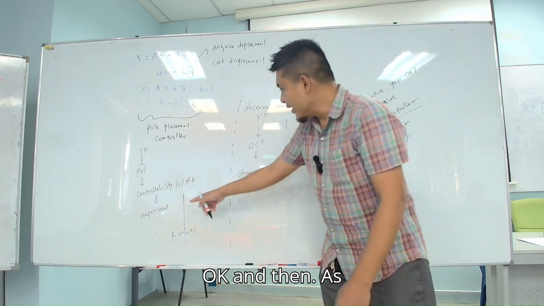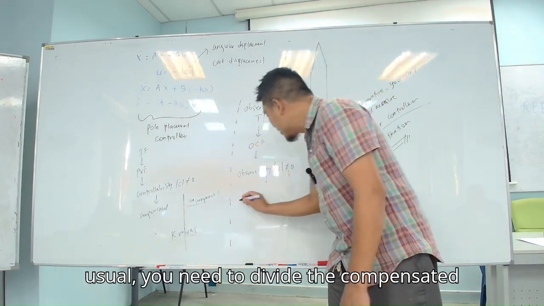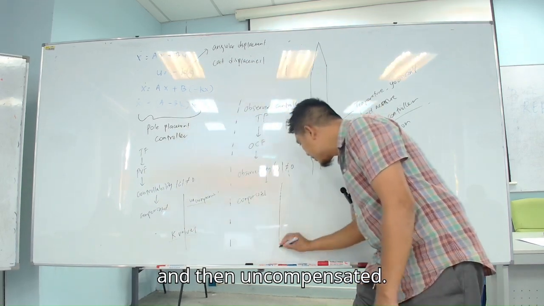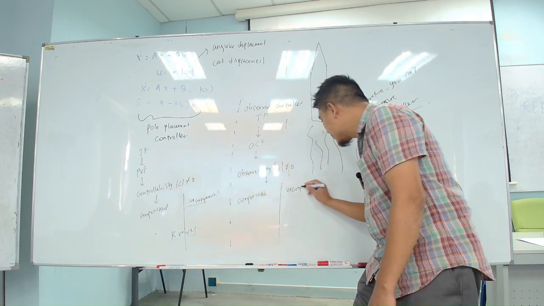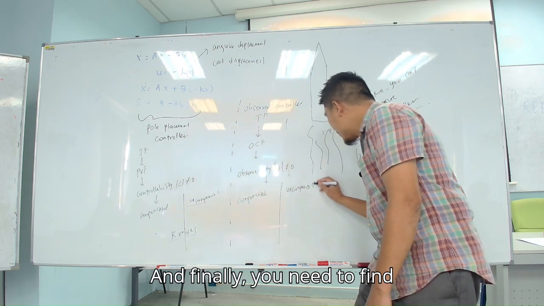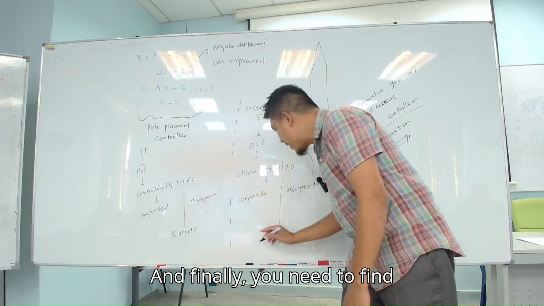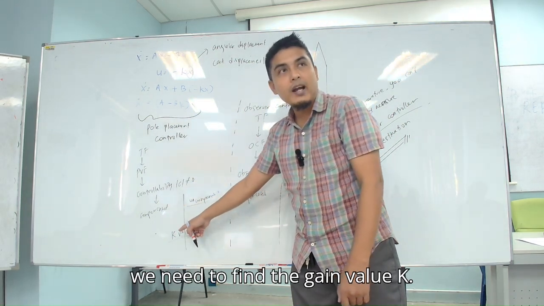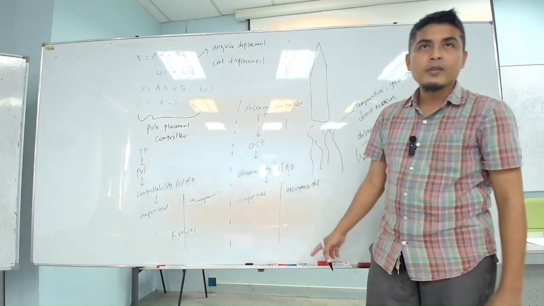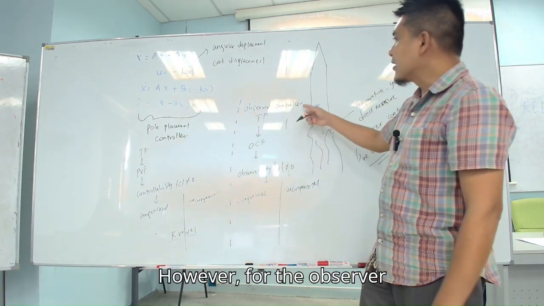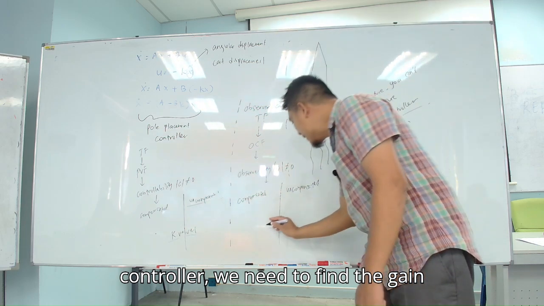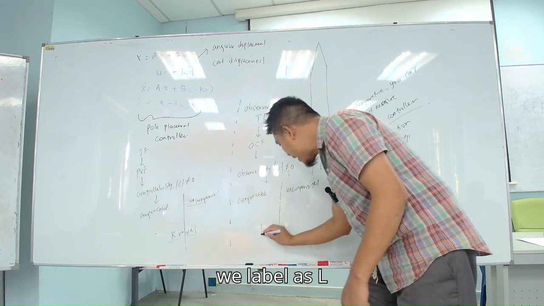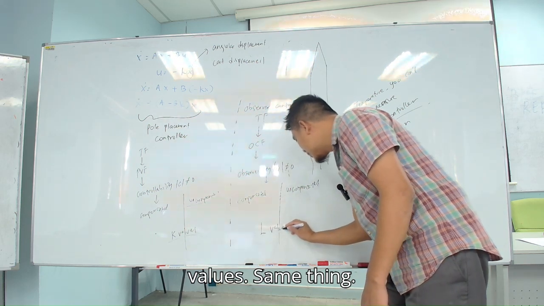And then as usual, you need to divide into compensated and uncompensated, and finally you need to find the gain. For the pole placement controller, we find the gain value K. However, for the observer controller, we find the gain we label as L values.